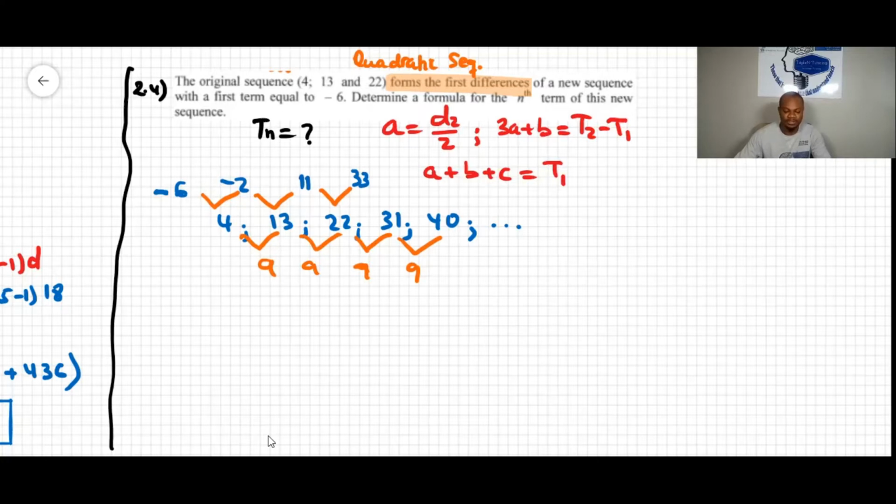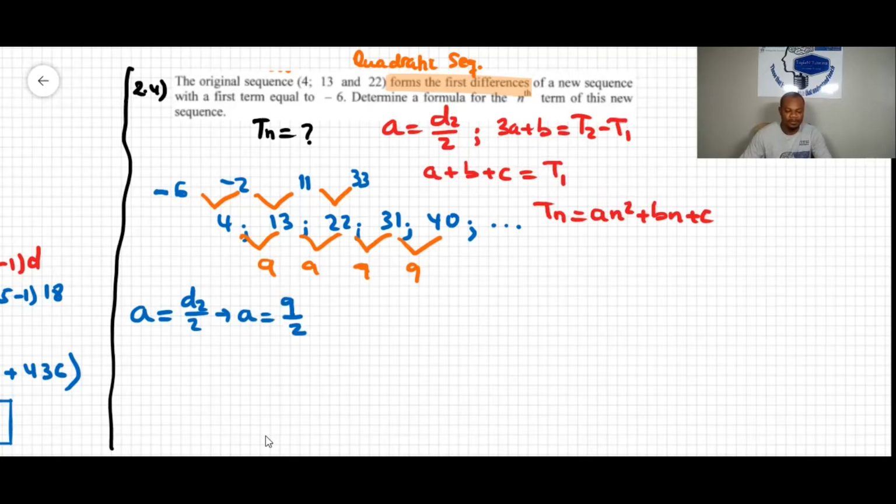The quadratic pattern is given by Tn equals an squared plus bn plus c. First, let's find a: a is d2 over 2, which implies that a equals 9 over 2.